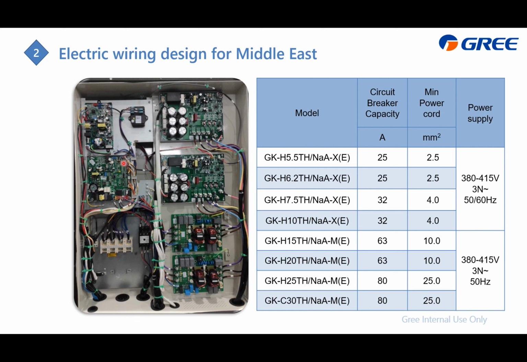Maybe you already know that the GK series rooftop unit is another kind of U-match. And this table is for the Middle East electrical wiring. For the power supply, you need to ensure the cable size is within this range.